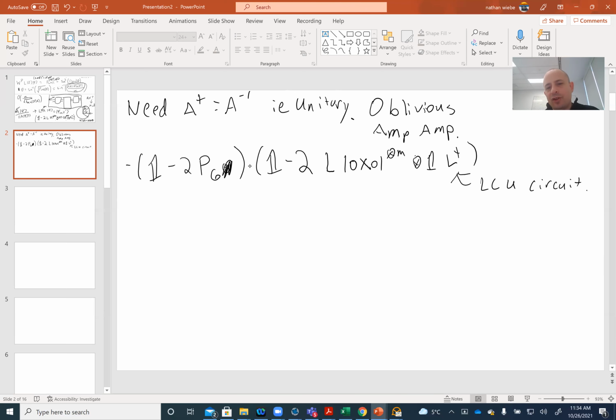So we can see that this ends up taking the exact same form that we had previously, with one notable exception. Before we had a reflection about our initial state. If we took a look at that version, we would have specified this projector to be a projector on the state. But instead, we've replaced that with an identity. What the identity is telling us is that we actually don't care what the initial state is for this version.